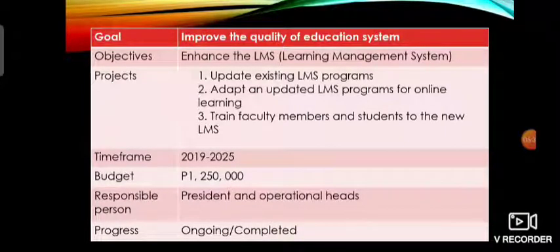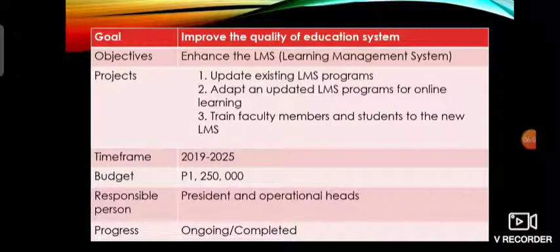And let's say we have enough budget, let's say 1.25 million, right? And the responsible person that we could put here would be our president of the organization and the operational heads, different heads of the organization. And let's track the progress.